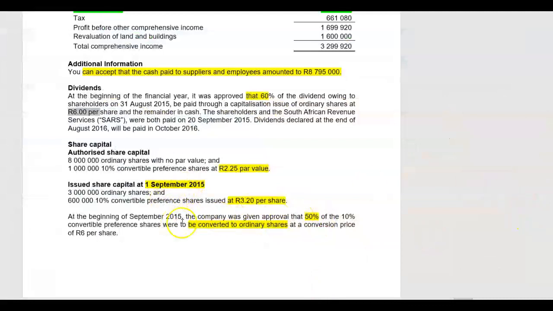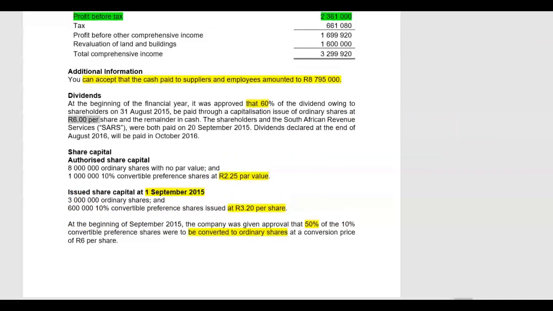Great. Then, furthermore, what happened to our shares for the year? Also, at the beginning of the year, the company was given approval that 50% of the 10% convertible pref shares were to be converted into ordinary shares at a conversion price of 6 Rand a share. Now, we had in issue at the beginning of the year 600,000 convertible shares issued at 3.20 Rand per share. But the par value was 2.25 Rand.